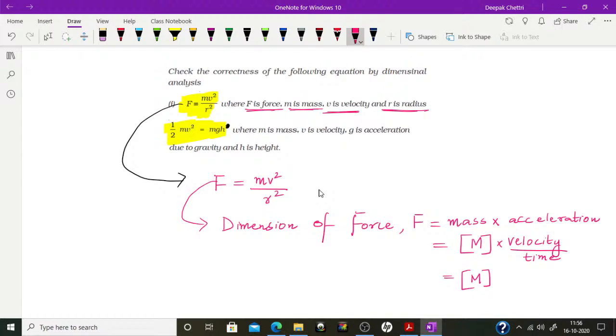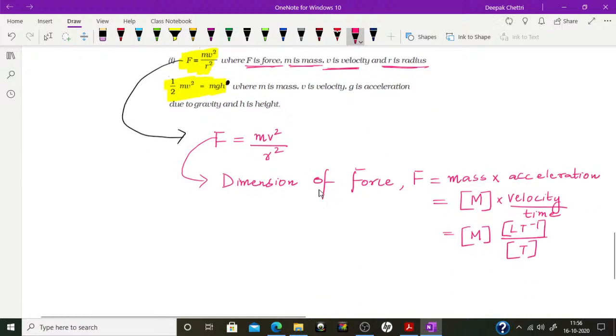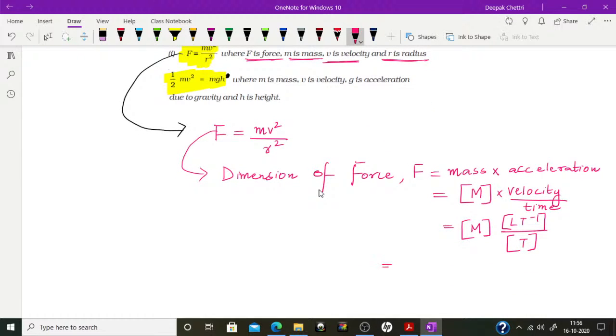Velocity, we know the dimension of velocity, and speed is the same. You should know it's L t minus 1. This is the dimension of velocity, and time is T. Combining all of them, I will get M L, and if this T comes up, there is a power of 1 here, so it will become minus 1. One more T minus 1 will give us T to the power minus 2.